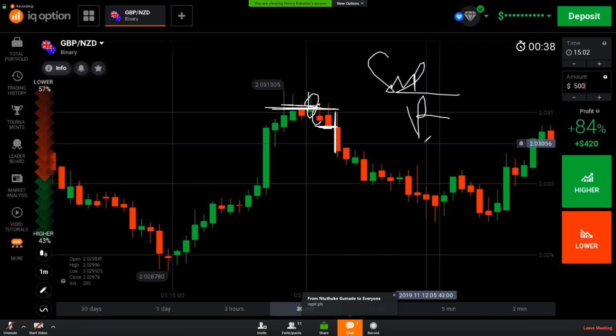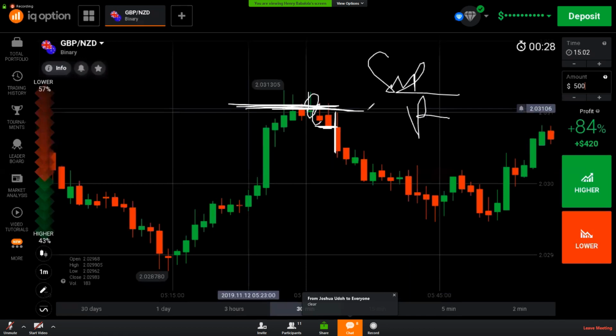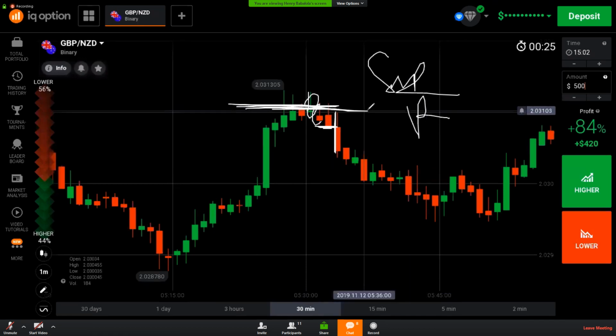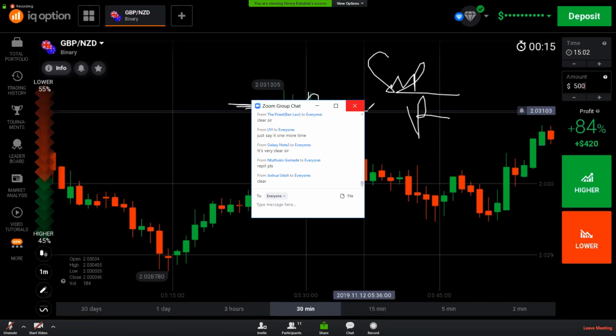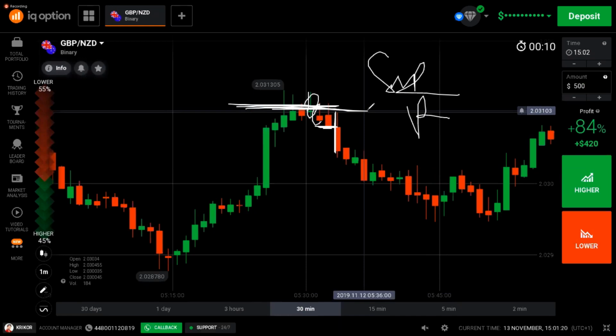Now, momentum candle at SNR area. Number one, you are already at SNR area. What does that tell you? It tells you a reversal is on its way, because you know that SNR area is a reversal area. But you will not just enter the market. What you do is wait for a reversal candlestick.